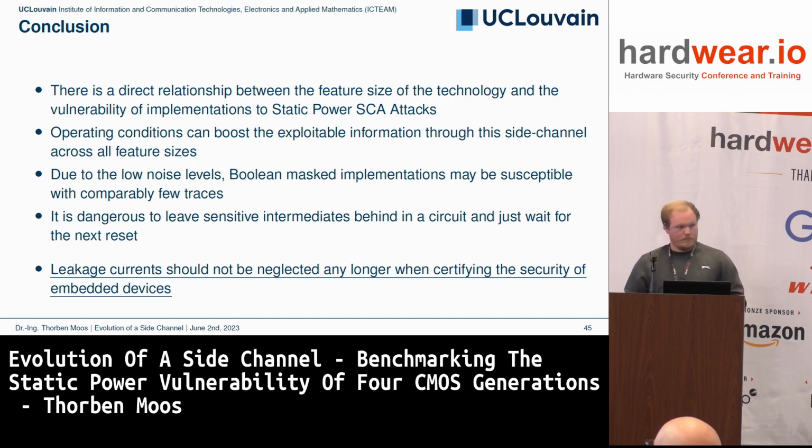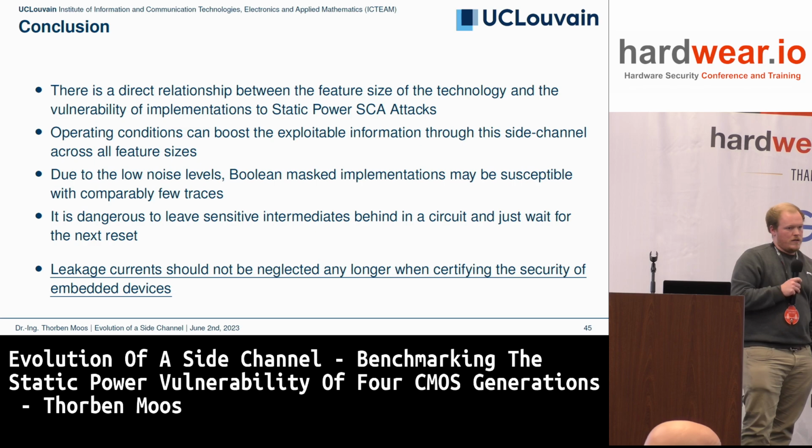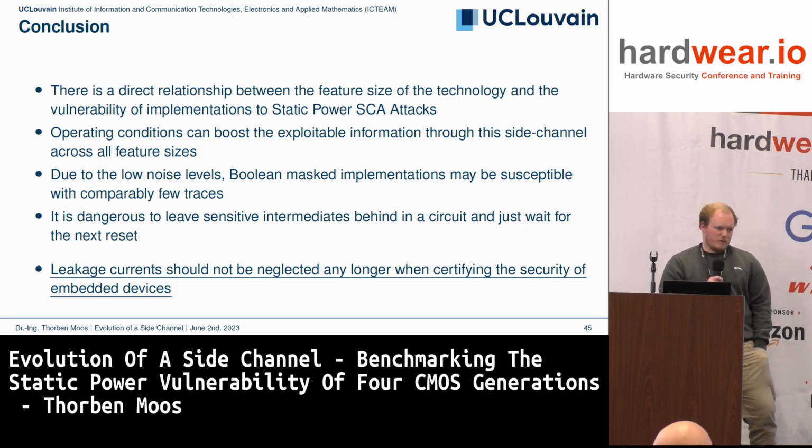Question? Well, thank you for your presentation. I just would like to know the effect of the process variation on the static power. Yeah, it's significant, and it's also more significant in the smaller feature sizes. But I don't know how to exploit that as an adversary, so I'm not sure it's a security thing.